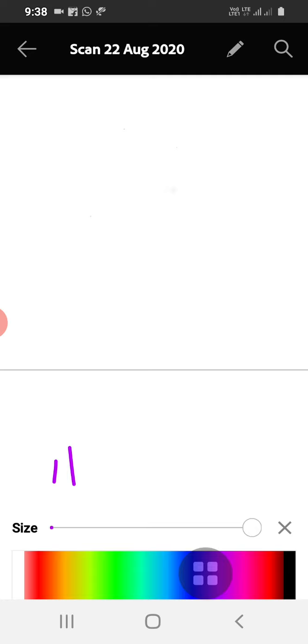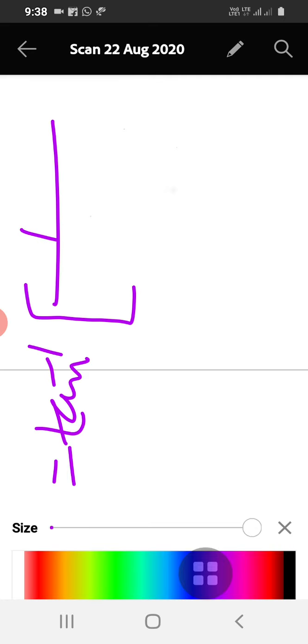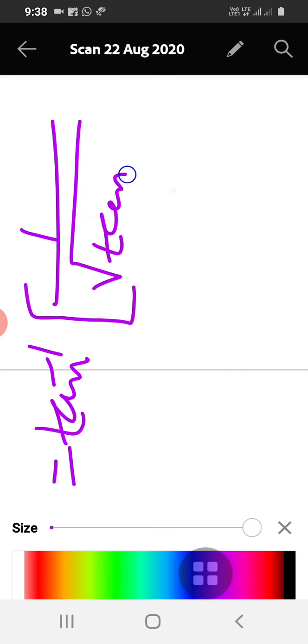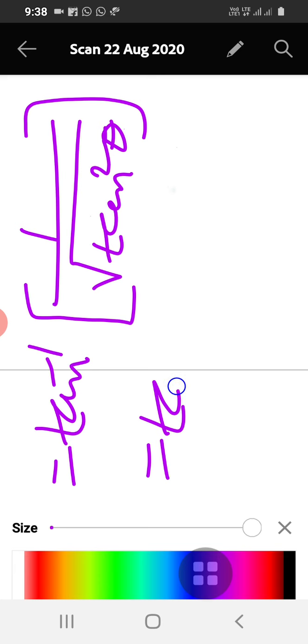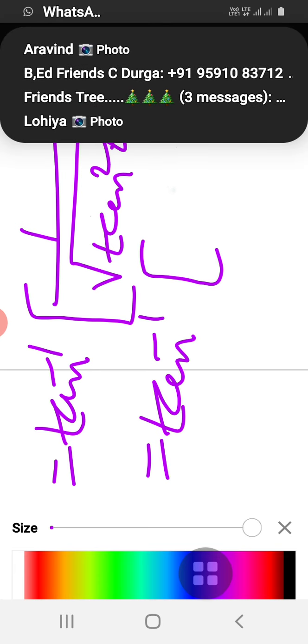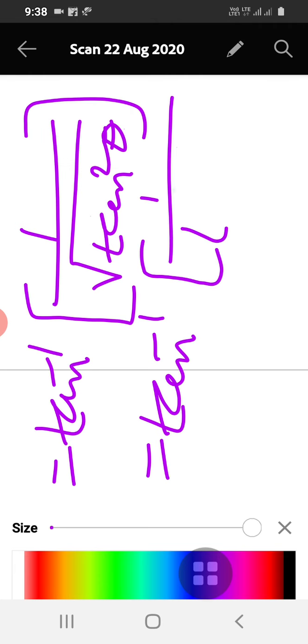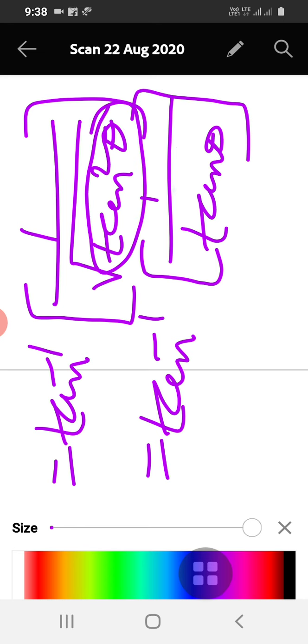So I will get tan inverse of 1 by square root of tan square theta. Square root of tan square theta means what? Tan theta.